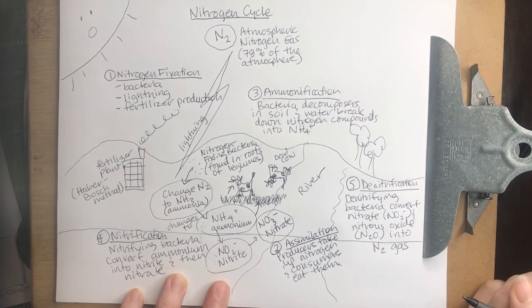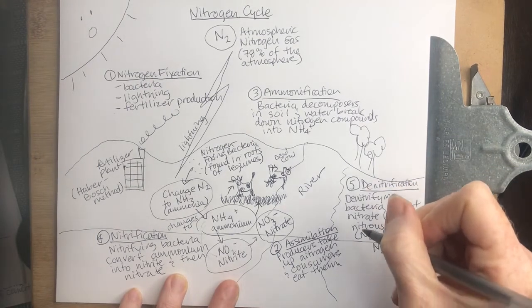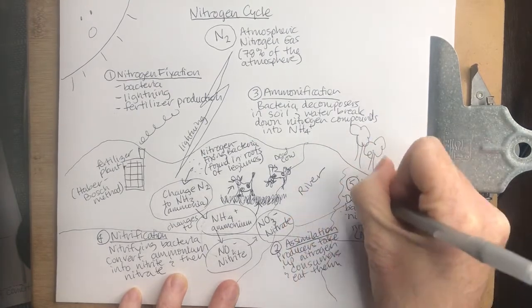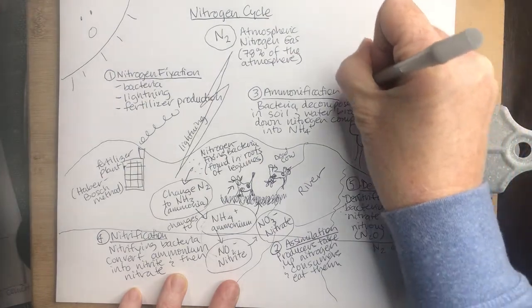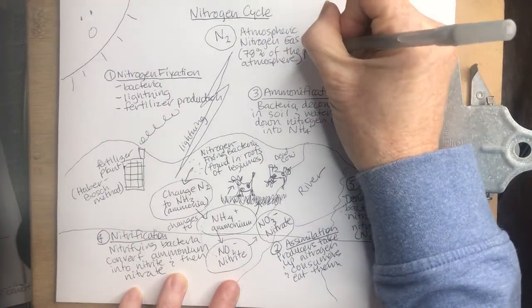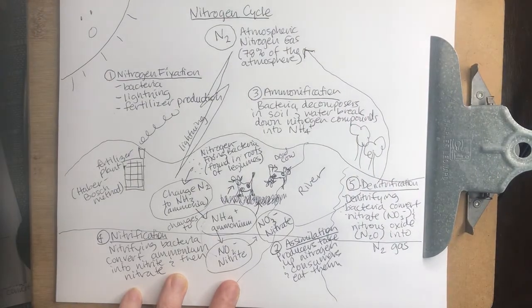Okay, so we see this compound broken down and these bacteria returning some of that nitrogen back to the atmosphere in the form of nitrogen gas.